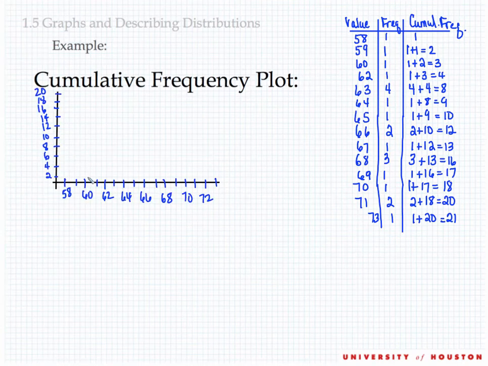So I've labeled my graphs. Now I'm going to plot. At 58 we have a 1. At 59 we're at 2. At 60 we're at 3. 62 we're at 4.